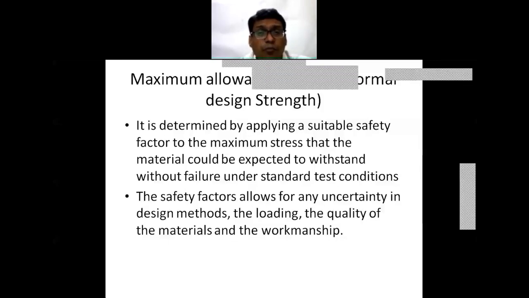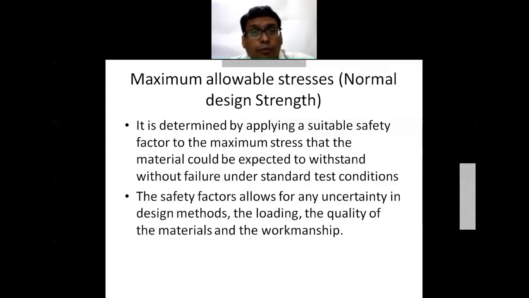Any equipment is very important. Not only the equipment, but human life is very important, and one should not be careless while designing all these vessels, and it should be zero accidents.